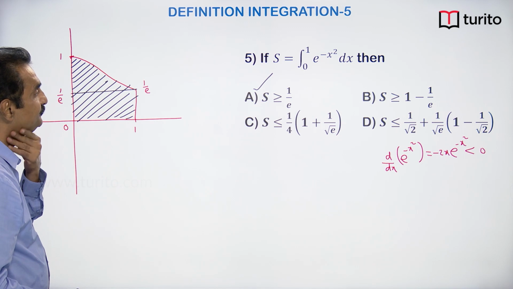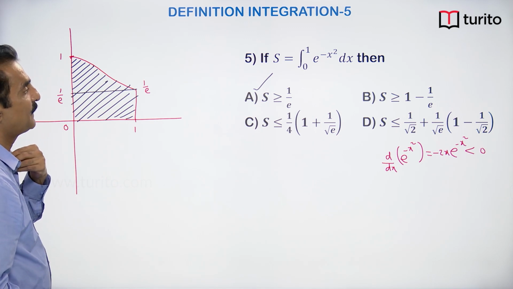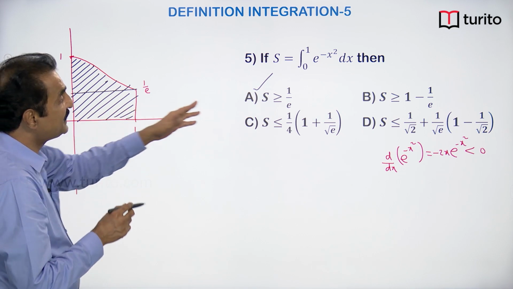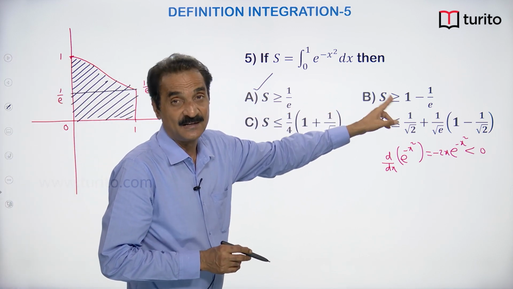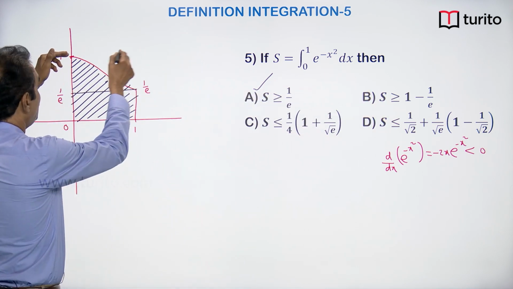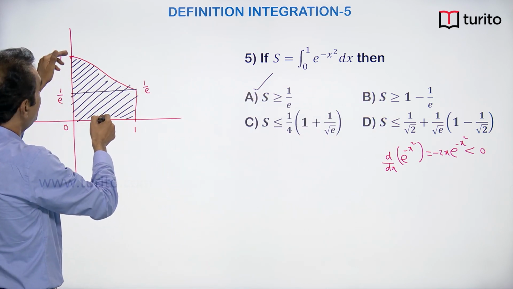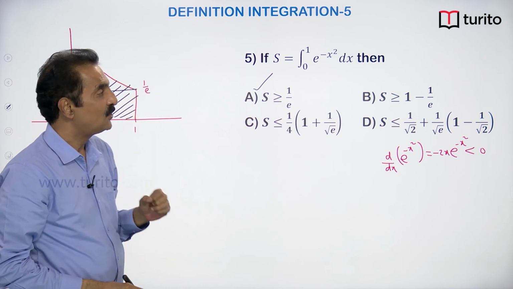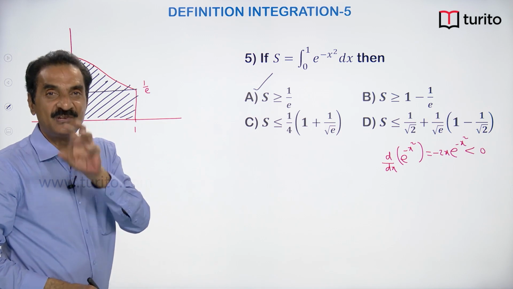Next, option B. In option B, again it is given that it is greater than. So taking S is less than the area of the big rectangle, you won't get it. So what we do is, we will write some inequality.